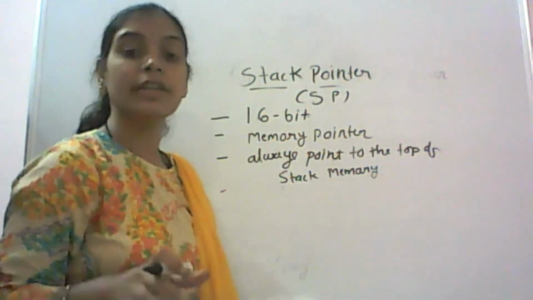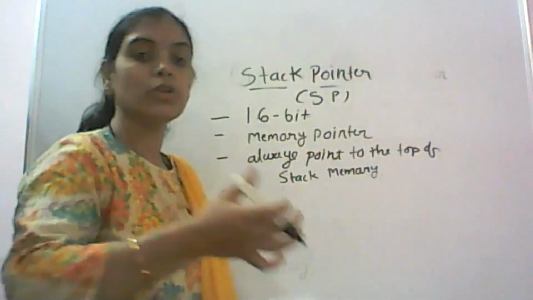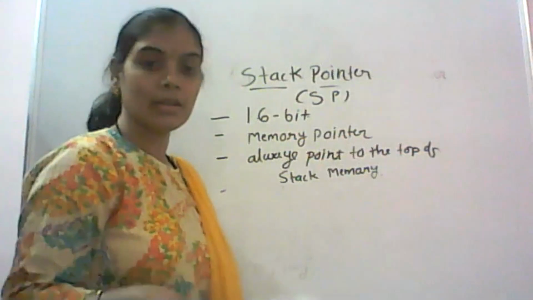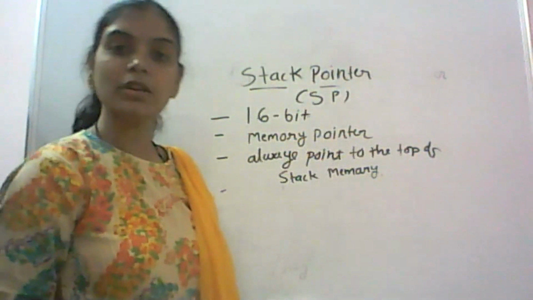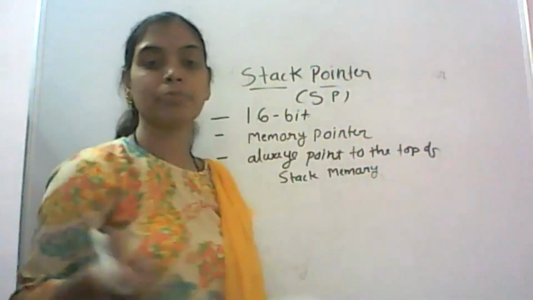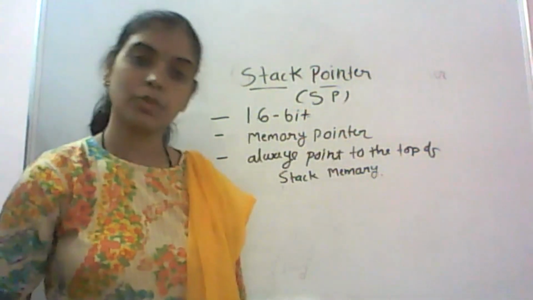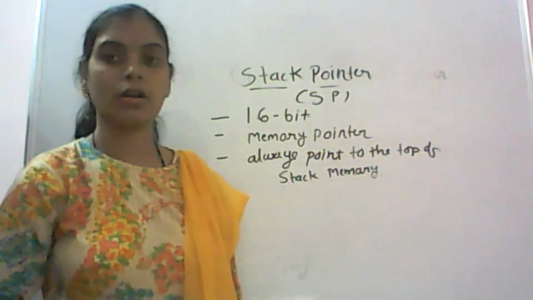Stack pointer is decremented each time when data is loaded into stack. जब data load होगा stack में तब क्या होगा? Decrement होगा, and incremented when data is retrieved from the stack. Okay. So stack pointer always points to the top of stack memory. Now we see next block, that is program counter.